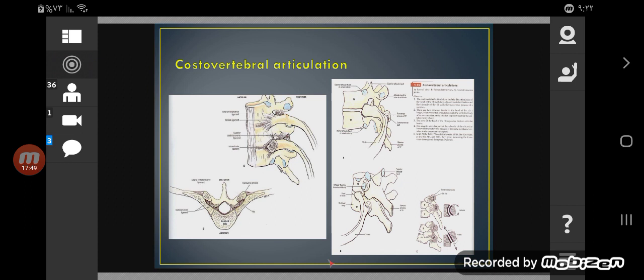Sometimes in a book you face the terms inferior costotransverse ligament or posterior costotransverse ligament. These two terms refer to this ligament. Most of the time you hear the term costotransverse ligament.